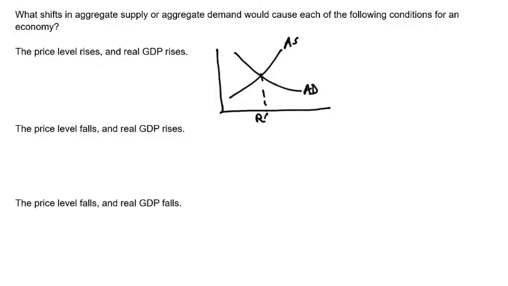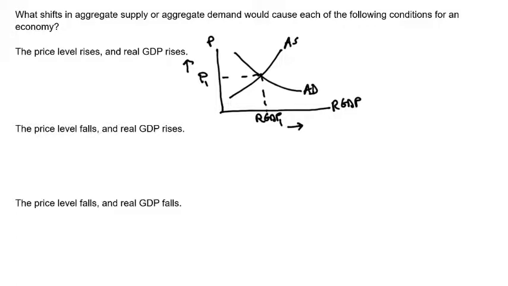Here we have real GDP and the price level, the CPI. So I'm just going to put P1 and real GDP 1. I'm using P for the CPI, that is for the general price level in the economy. It is not the price of a specific good. We're talking about the prices of all the goods and services. So the price level rises, that's what we know, and real GDP rises.